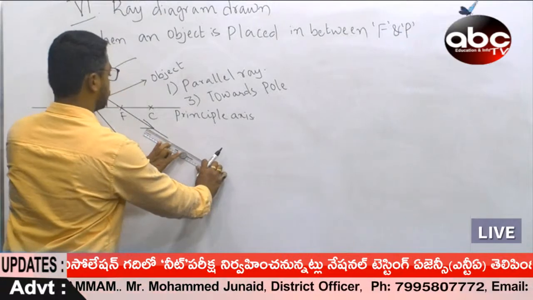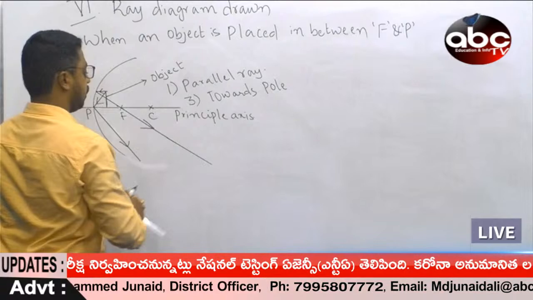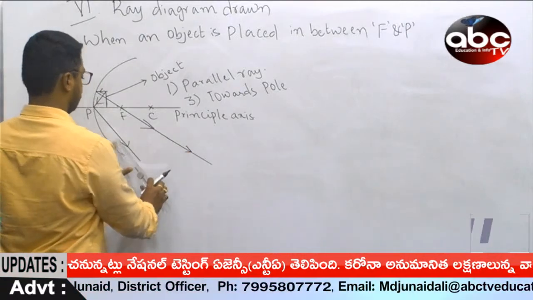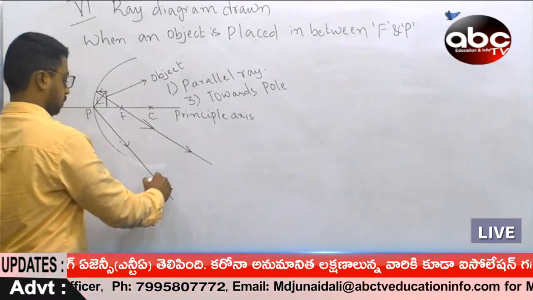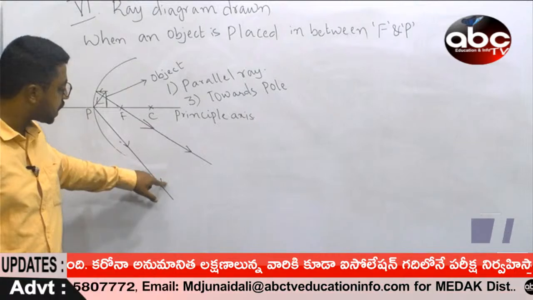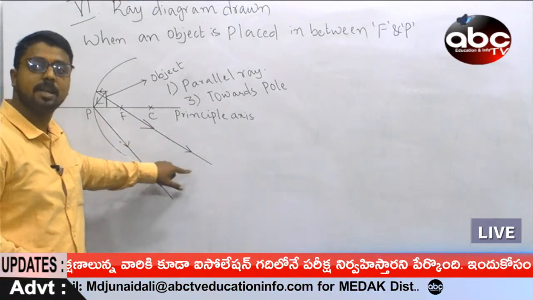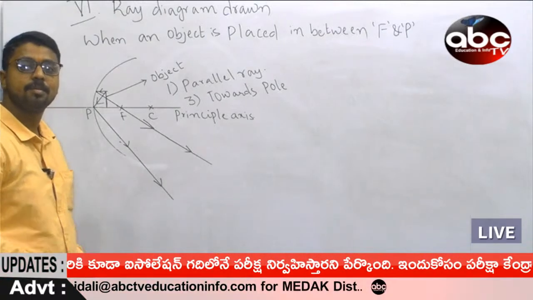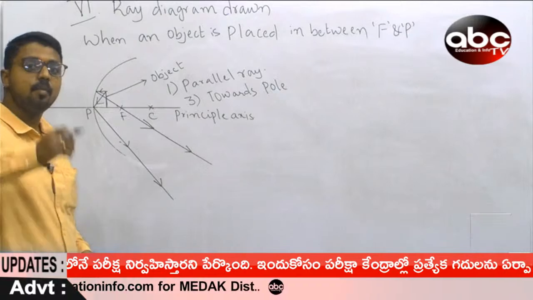Let us extend these rays for your better understanding. Now, is there any chance of them meeting here, intersecting here? No, there is not at all a chance. So what is going to happen?